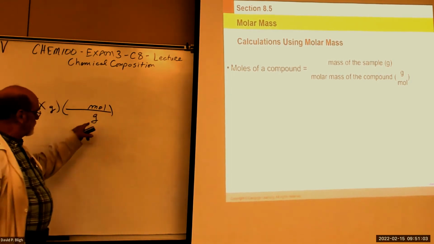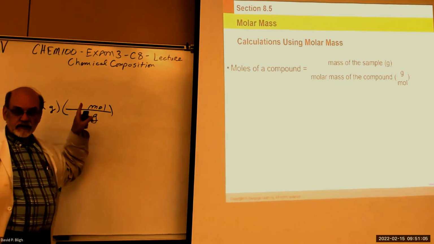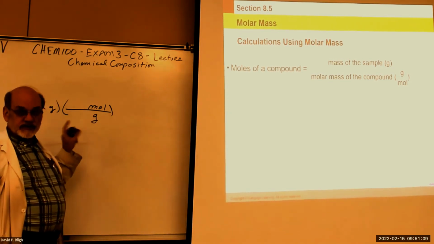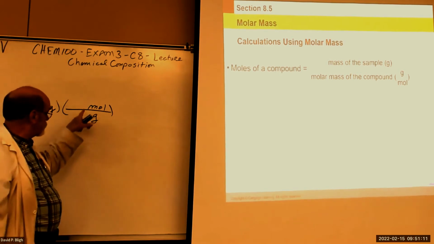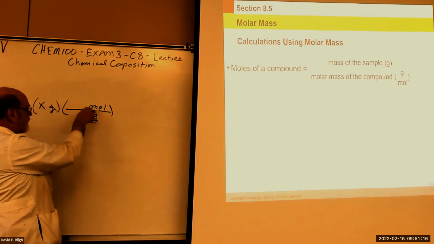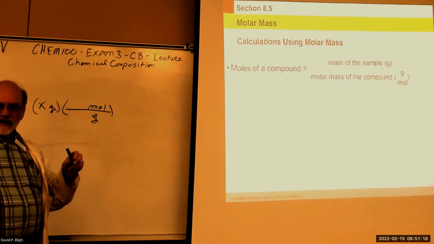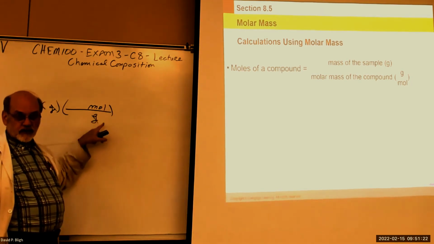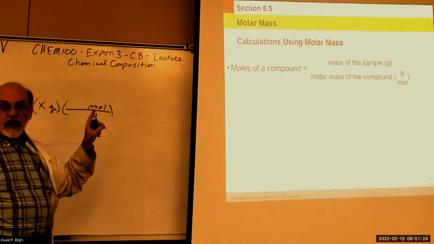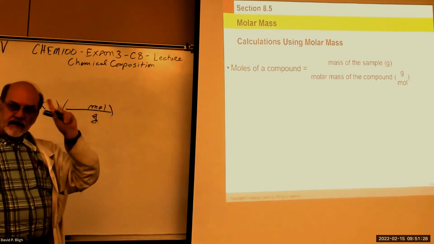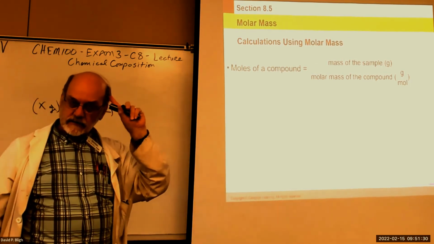Anytime you deduce that that's what you need in your conversion factor, to cancel the grams and leave you with moles. Anytime you have the quotient of moles and grams, it doesn't matter if grams are on top or moles are on top, anytime you see that ratio, think molar mass.